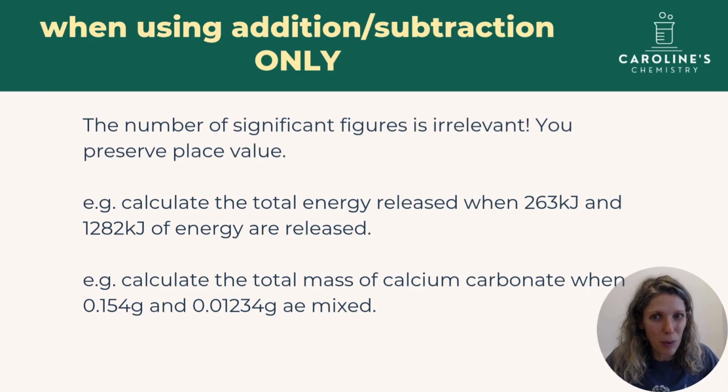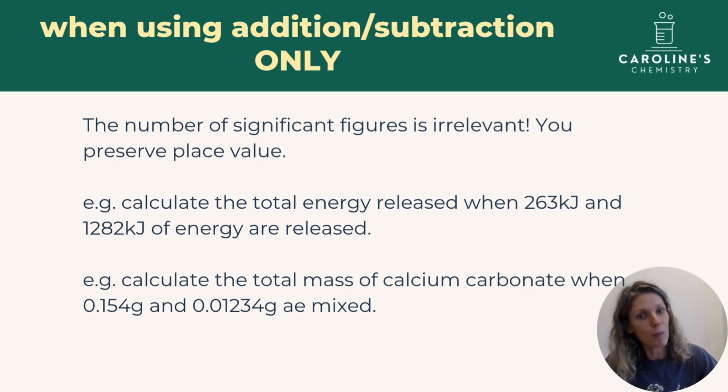The other number, 0.01234 grams, that one is 5 decimal places. So to preserve place value there, then I need to preserve the least precise number. That is the 3 decimal places. So my answer there would be 0.166 grams, giving it to 3 decimal places.